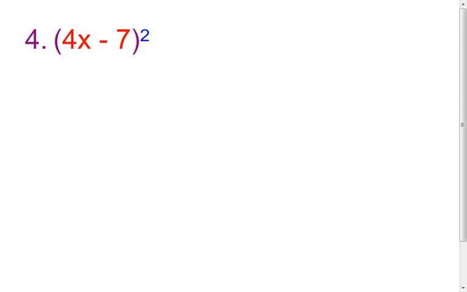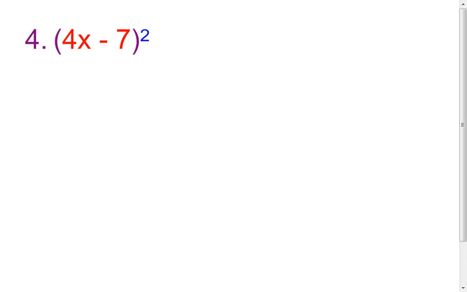All right. This is one where people make a common mistake all the time. What people want to do is take 4x and square it, and then minus 7 and square it, because they think that square needs to be distributed. But remember that to square something means to multiply it by itself 2 times.